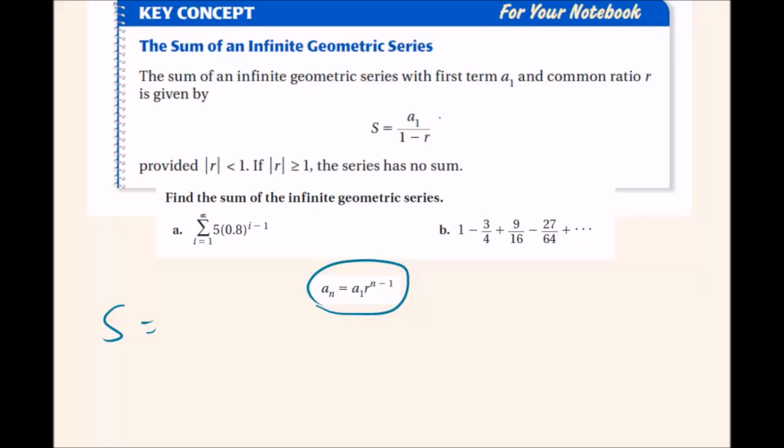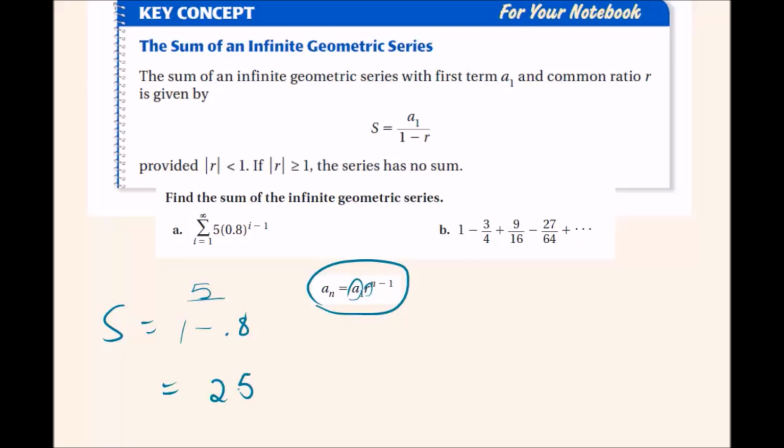Of course, a1 will be this term in front, that's 5, divided by 1 minus r, which is 0.8, because it's in this formula, a1 times r. And this equals 25. 5 divided by 0.2 is 25.